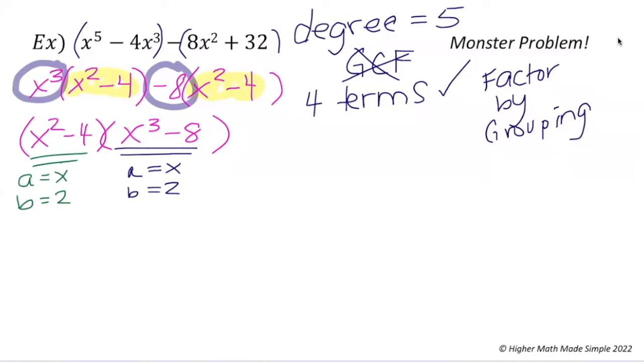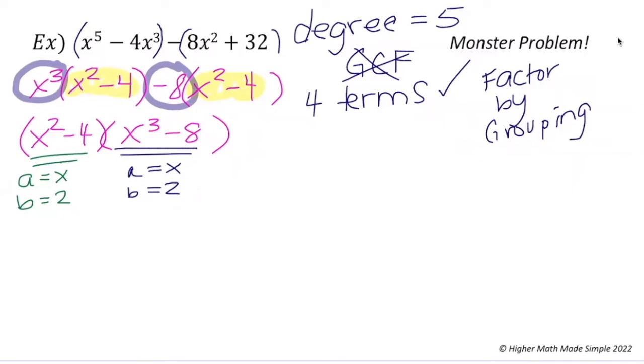In this example, we happen to get a's and b's that match, but that's not going to happen every time. In this problem, it just happens so beautifully. More often than not, you might get scenarios where the a's and b's are different. Just make sure you plug in the correct a's and b's in the correct formulas.